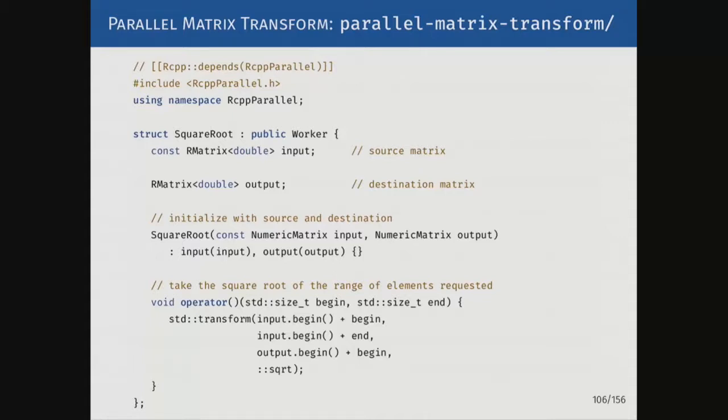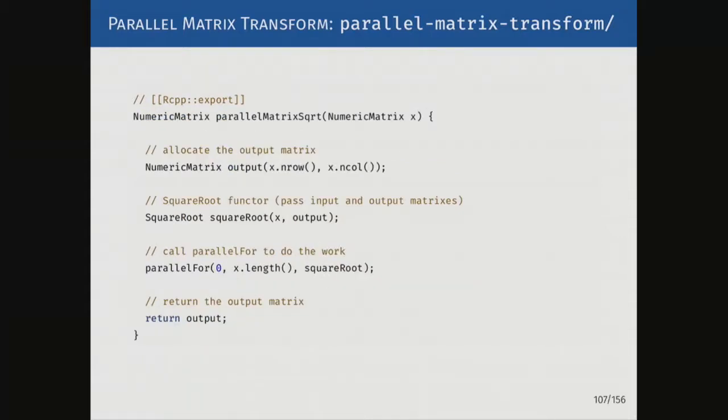In order to get that to work, we need only one more thing. We just write ourselves an R-callable function, parallel matrix square root. That provides the input matrix. This is the output matrix.